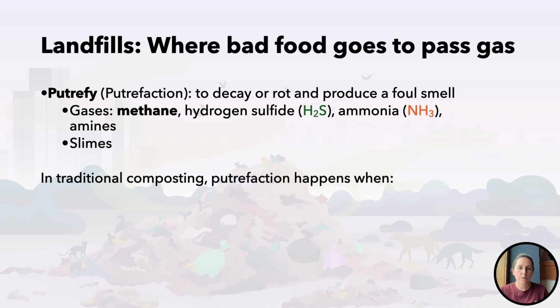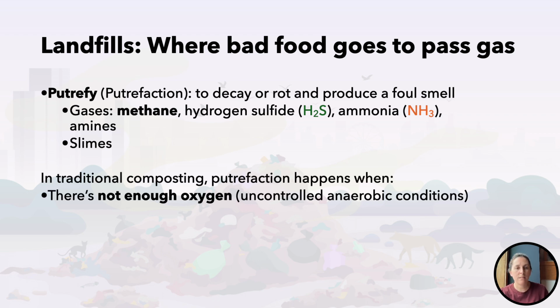In traditional composting, putrefaction happens when there is not enough oxygen and we move from aerobic composting, which means with oxygen, to uncontrolled anaerobic conditions, anaerobic meaning without oxygen, or if the pile becomes too wet or compacted. And when we think about that, it should make sense.